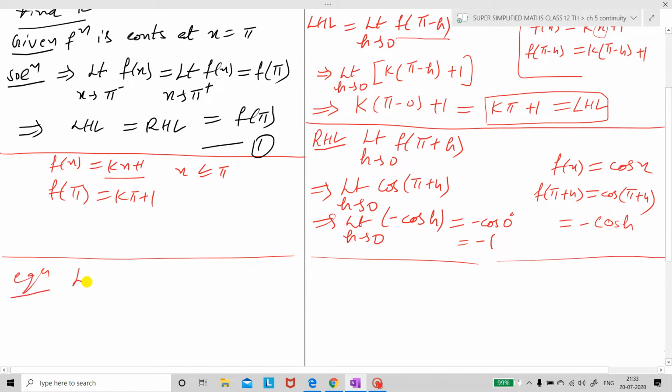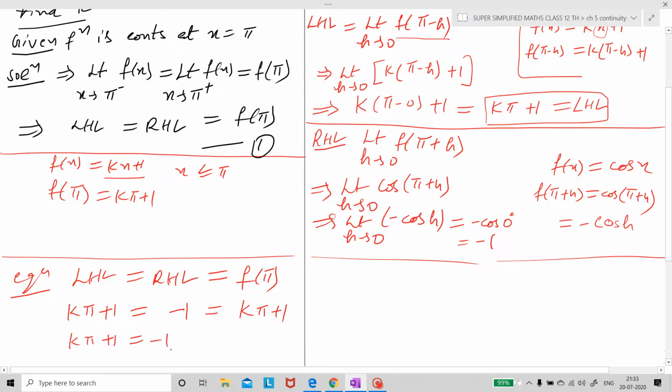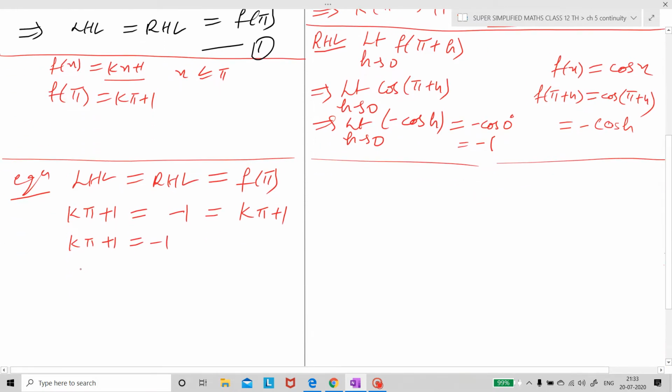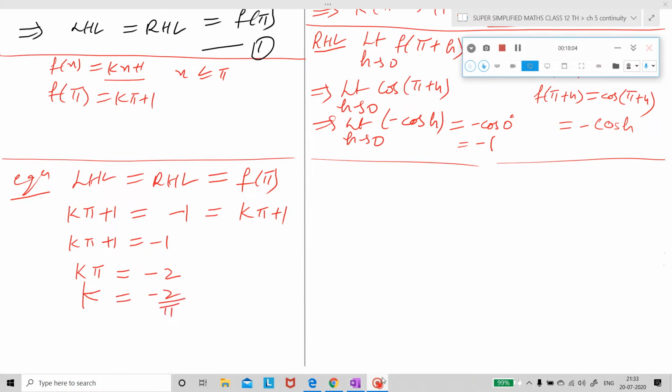Equation 1 says that the left hand limit should be equal to the right hand limit, should be equal to the value of the function at pi. The value of the left hand limit was k pi plus 1, the value of the right hand limit was minus 1, and f(pi) was also k pi plus 1. So from here we get that k pi plus 1 is equal to minus 1, and therefore k pi is equal to minus 2. So k is equal to minus 2 by pi, which is the required value.